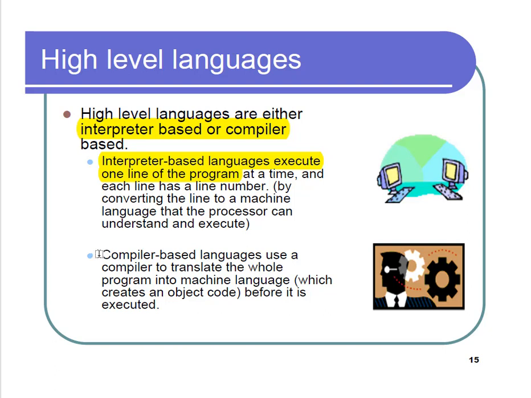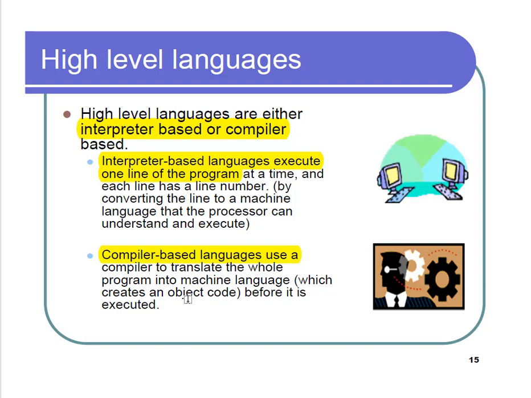The second one we call compiler-based languages, whereby a compiler translates the whole program into machine language, which creates an object code before it is executed. So you compile it all together. It reads through the whole program, compiles it together, and converts the program to a robot programming language.